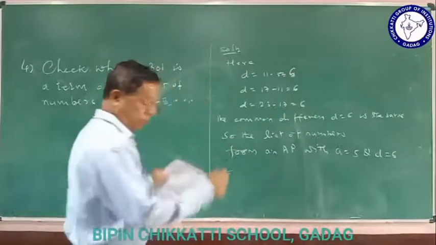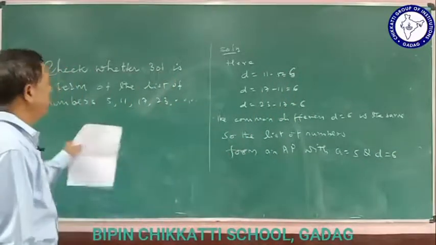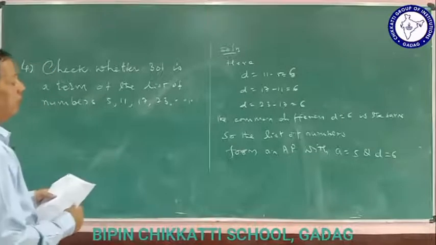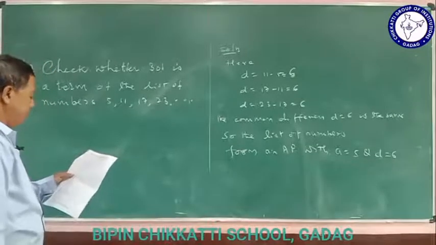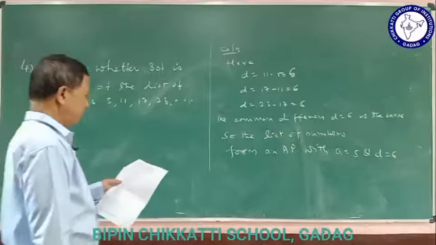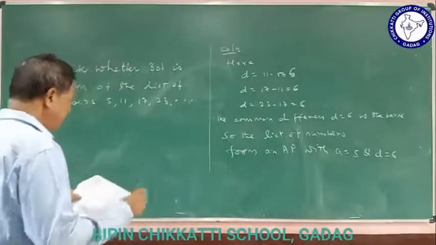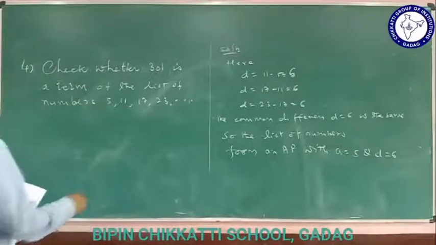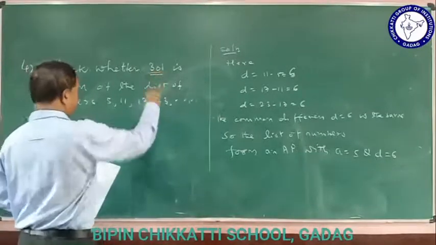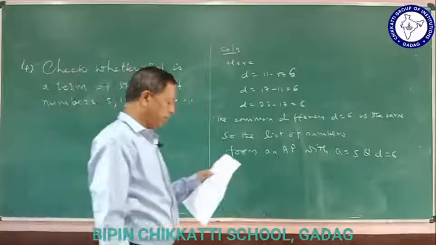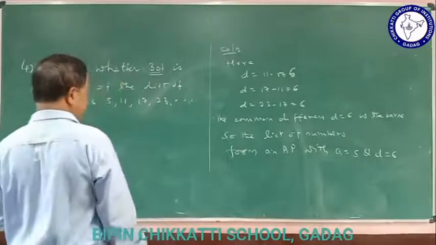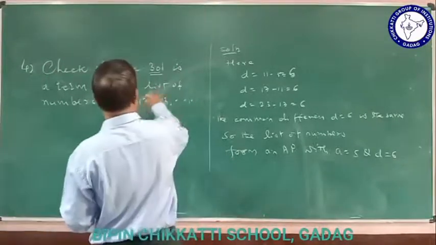Here we have taken the judgment whether the given list of numbers is an AP or not. Afterwards you have to check whether it is the case or not. Now I have to tell you whether the 301 term is there or not, and accordingly you have to calculate.